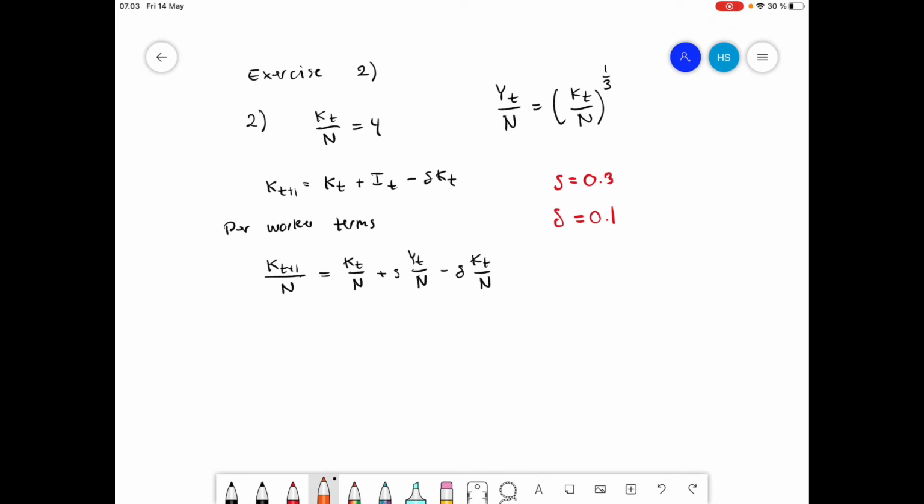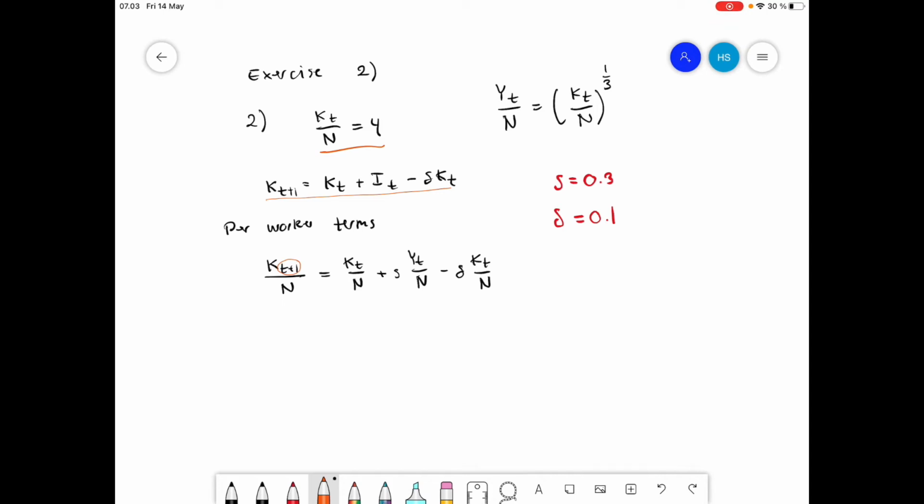So in this exercise, we have to find the level of capital per worker in the next period. So in period T, or say in the current period, we know that the capital per worker is equal to 4. So in order to find the capital per worker in the next period, that is in period T plus 1, we need to write up the capital formation equation, and we have to rewrite it in per worker terms.